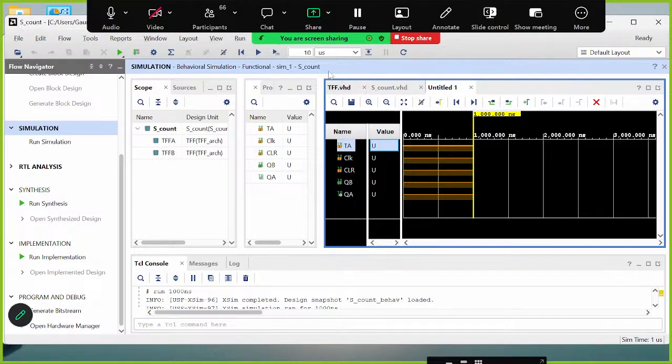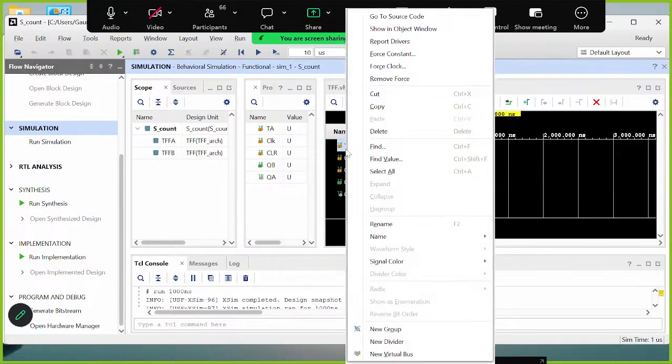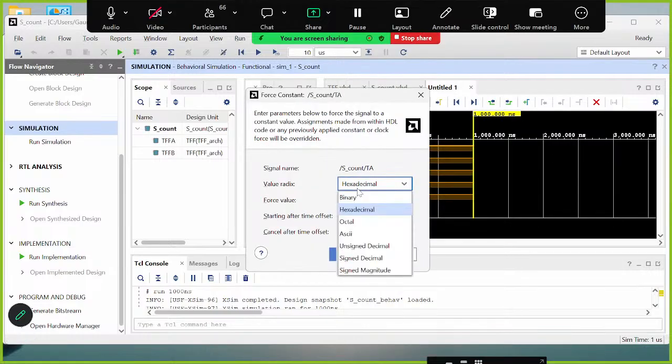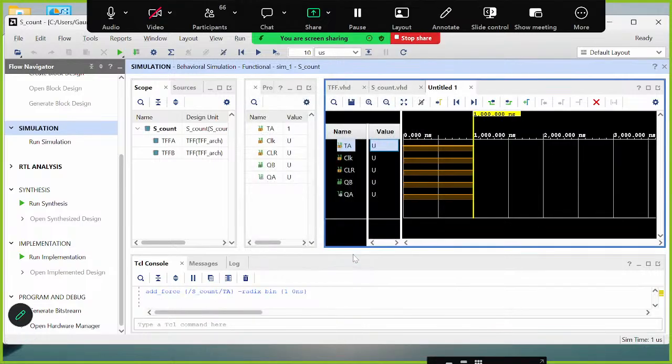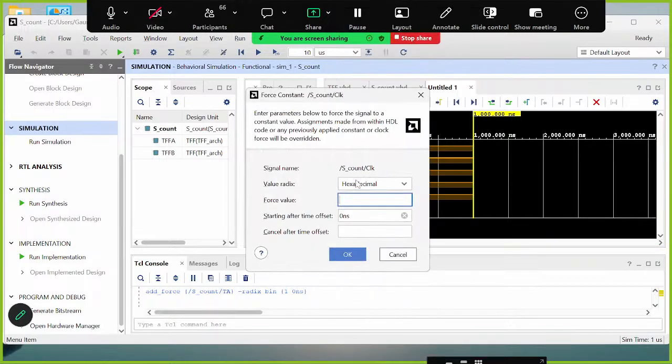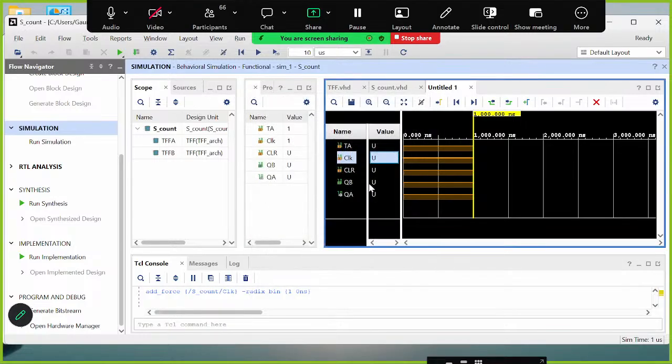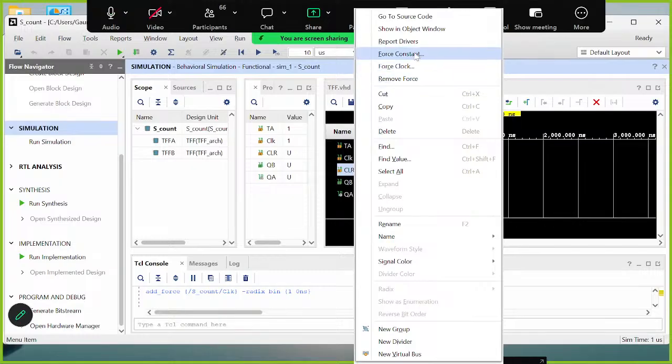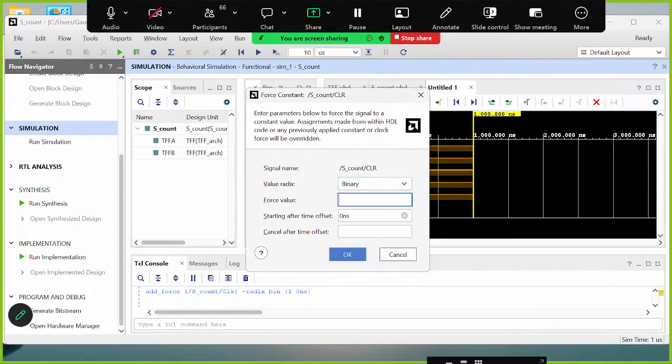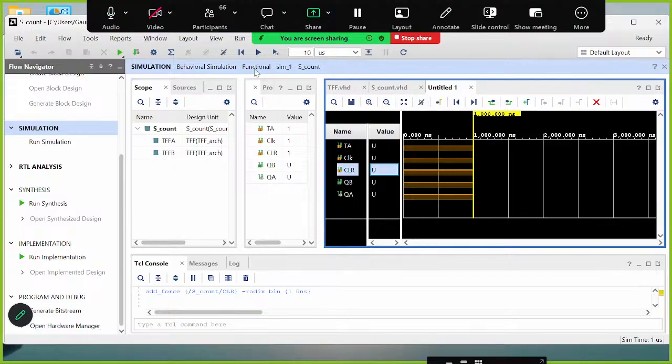Make TA as 1, right? Make TA as 1. Okay, now make the clock initially 1 also. After that we'll make it 0 for a valid transition, and also make the clear active by applying 1, so that when I run for a short duration, the outputs are cleared.